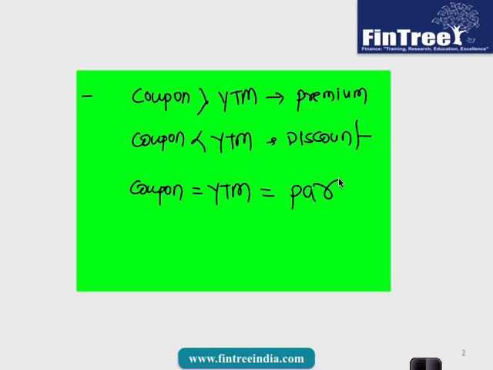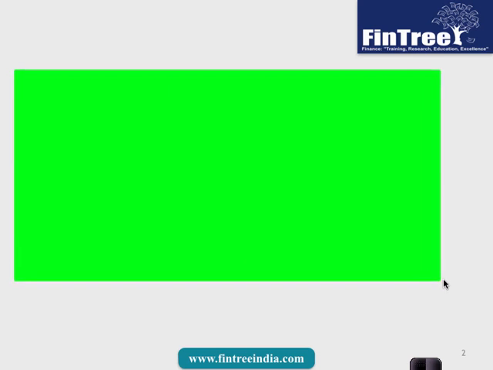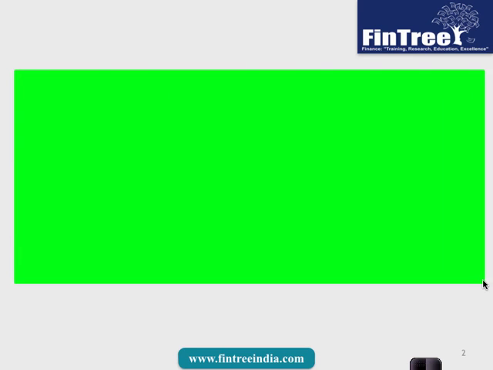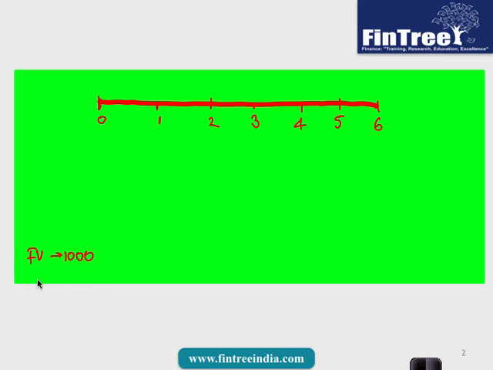Let's do an example. This is time 0, this is time 1, time 2, 3, 4 and 5. Maybe let's add 6. Let us say we have a bond which has got face value of 1000, coupon rate of 20%, maturity of 6 years.